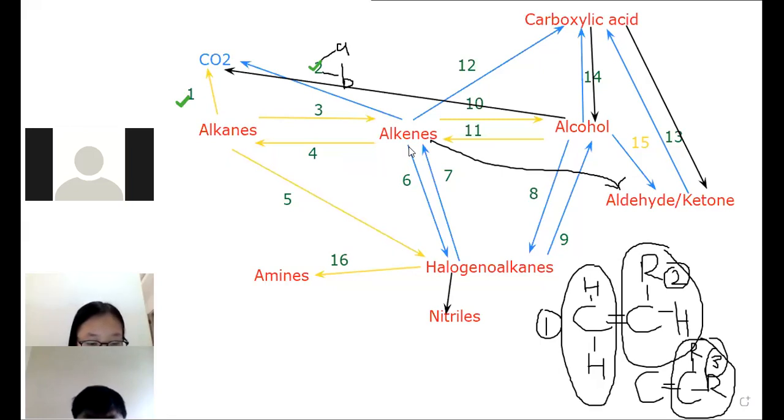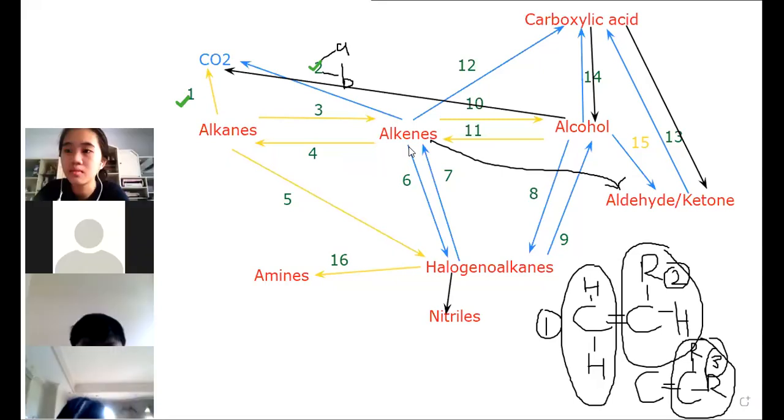Let me ask Ariela. Alkanes become alkenes. What are the possible catalysts and what is the name of the reaction? The catalysts are aluminum oxide and zinc oxide.